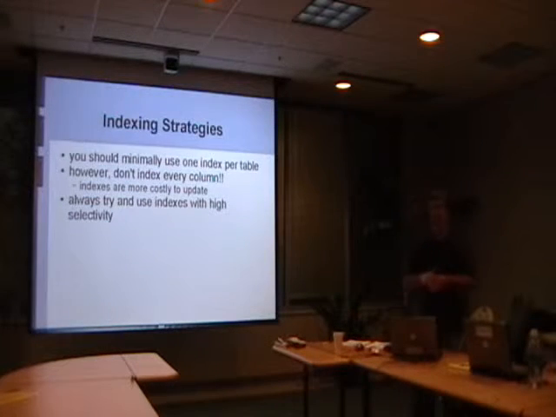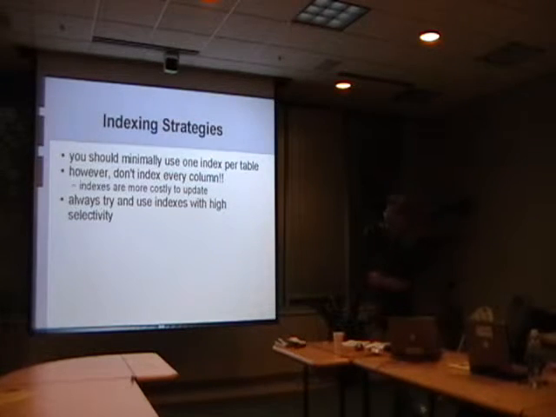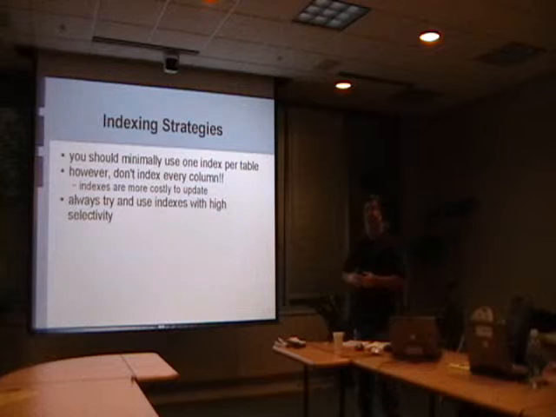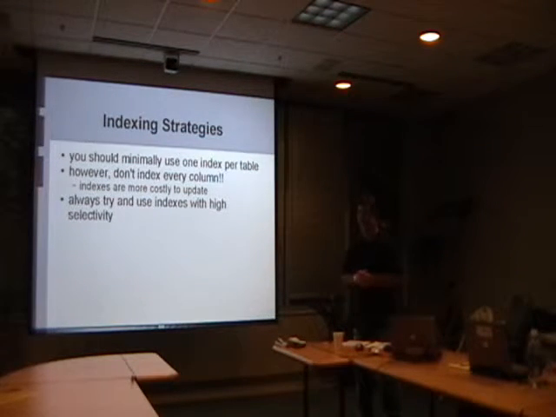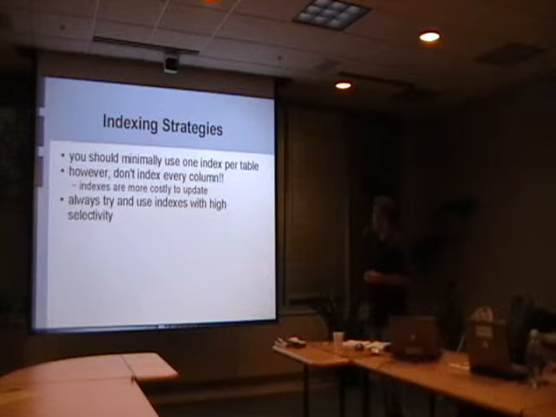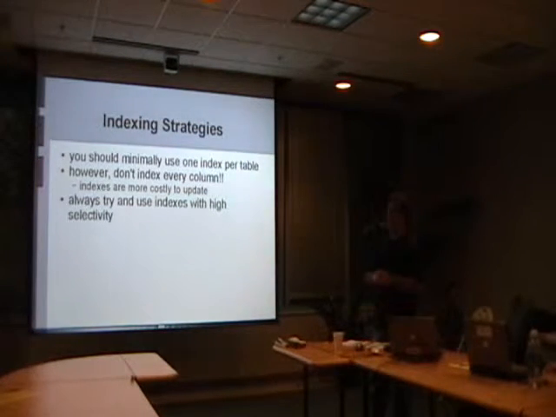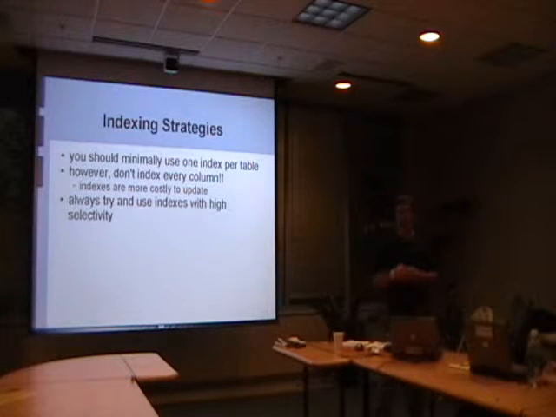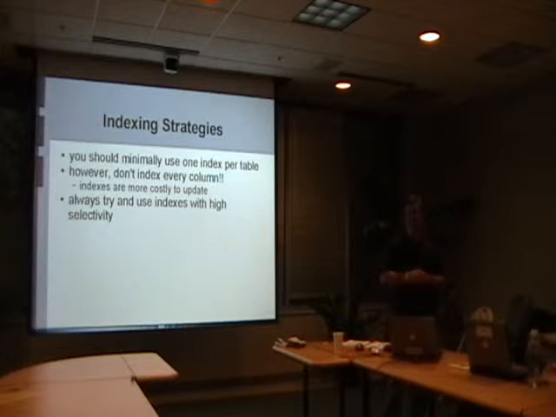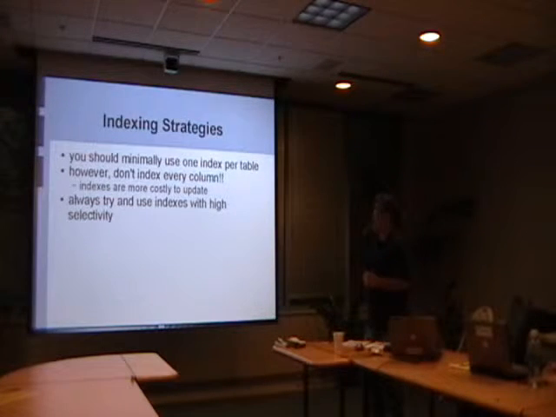Now, they will, by and large, improve your read performance. However, when you go to write to a table, they take longer to update because it has to write additional information, basically. Okay? The third part is that you're always going to want to try and use indexes with high selectivity. Now, I'm going to explain what selectivity is and how that relates to indexes, so don't count on that. But it is very important.